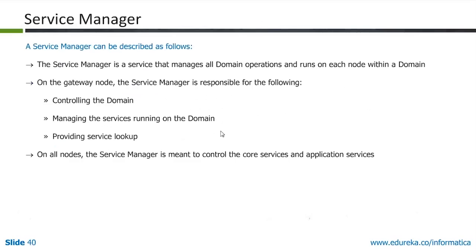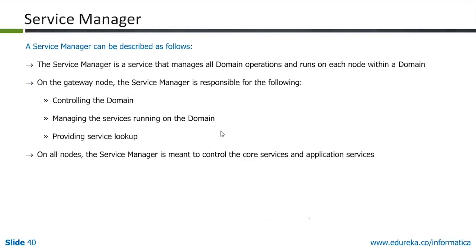And the service manager is a service that manages all domain operations and runs on each node within a domain. On a gateway node, the service manager is responsible for the following. The service manager runs on every node, but for the gateway node, it performs the following set of activities. It controls the domain, manages the services running on the domain, and provides service lookup. Service lookup is a facility to look up which service is needed for a particular set of activities.